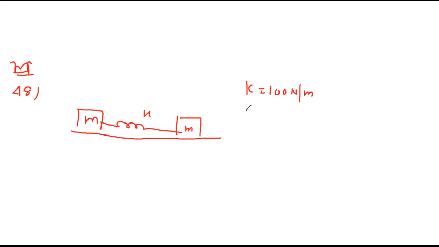Outstretched length means original length plus elongation, which is 0.3 meter. When total charge Q is slowly placed on the system, the spring is stretched to equilibrium.